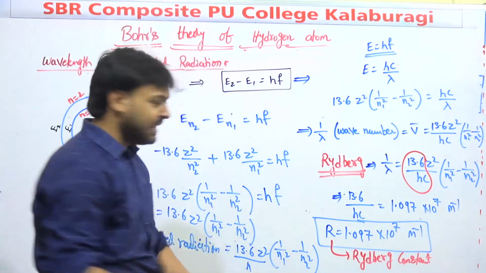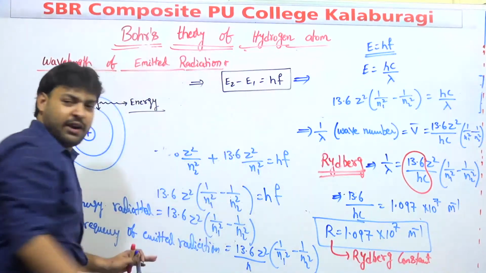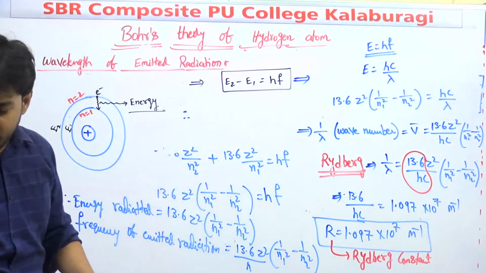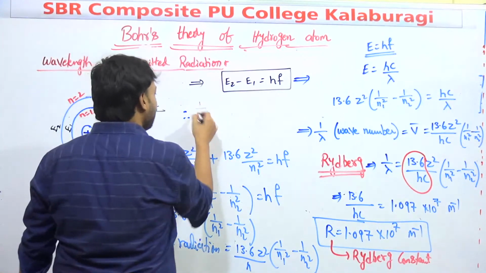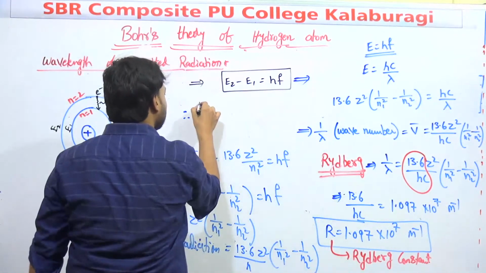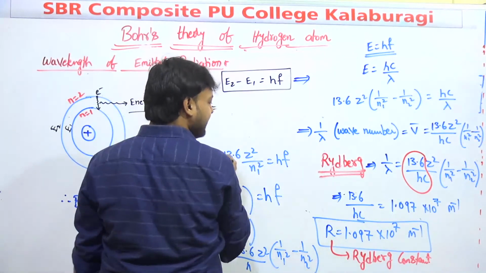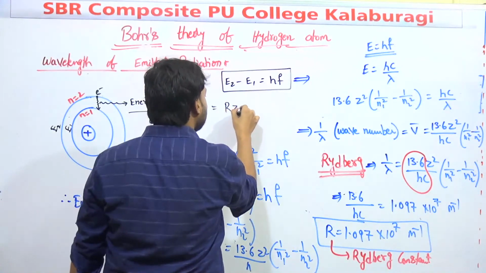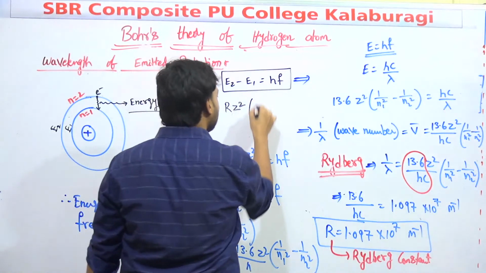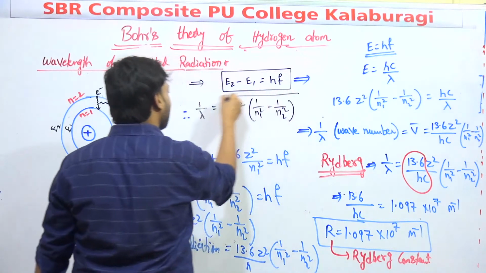So finally, understanding the point? We'll revise it. We got the wave number relation: 1 by lambda equals R Z square into 1 by n1 square minus 1 by n2 square.